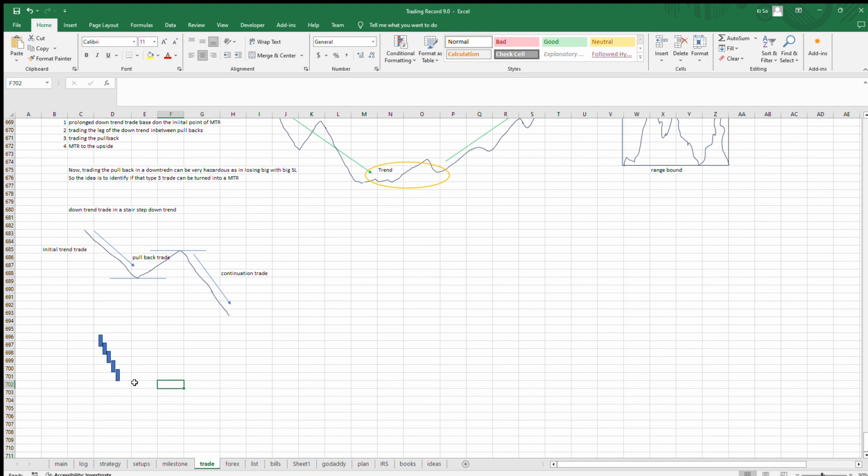But which candle, what section of the candle would I enter? Where would I enter into this range? And where would the stop loss be? That is the critical component. That is the critical area of interest that I have. So the entry point here would be, so if I look at this, that would be the initial trend trade.